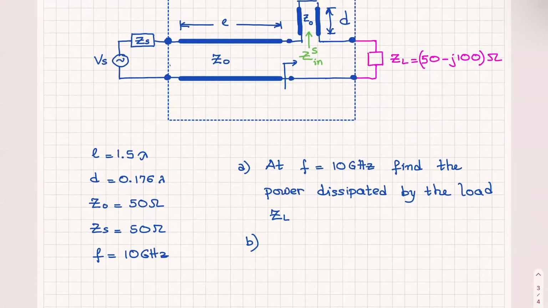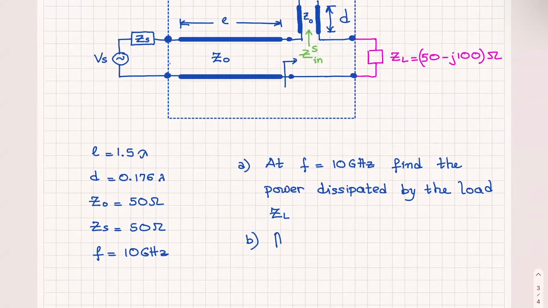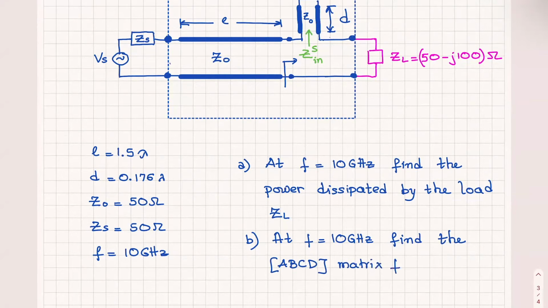Second, find at F equals 10 gigahertz the ABCD matrix for the 2-port.